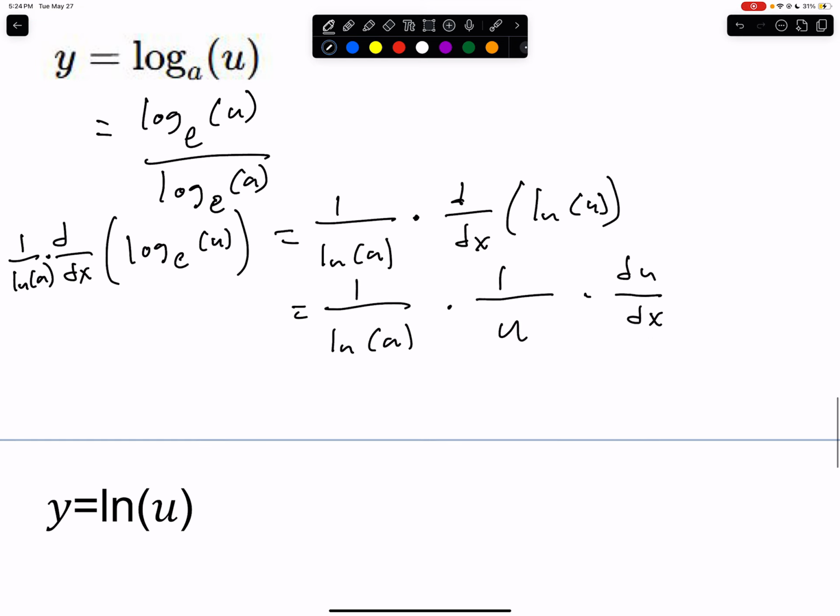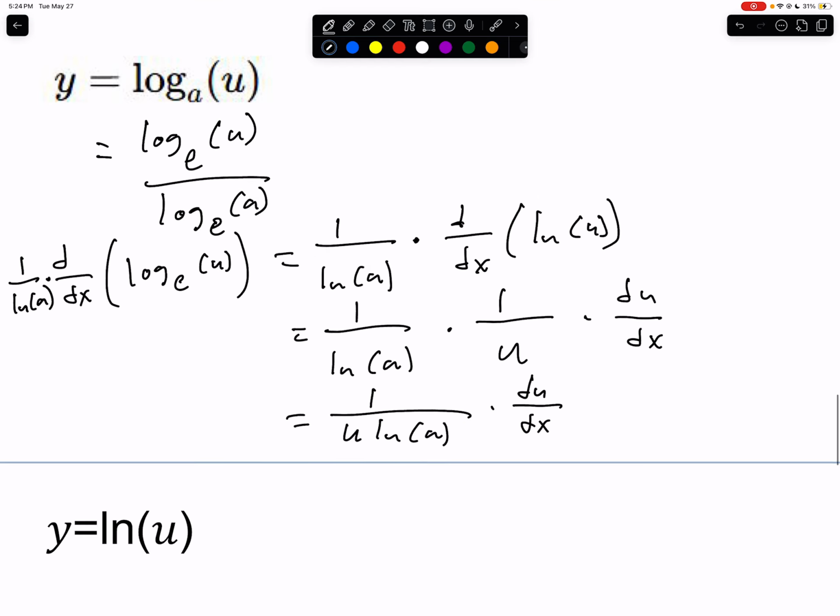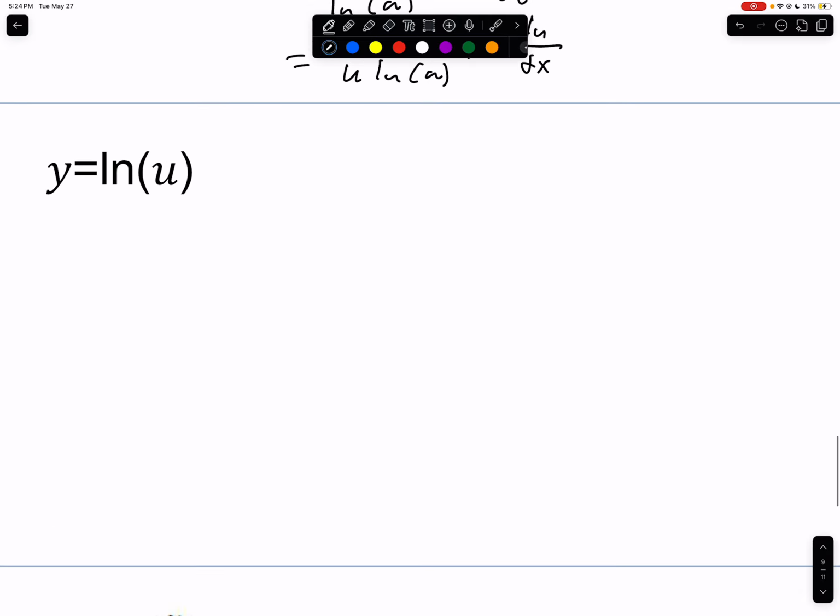So here it'll just be 1 over u ln of a times du dx. Okay, so that's a quick way of getting the derivative of a log of any base using the change of base formula. And remember, for ln, y prime is just 1 over u times du dx.